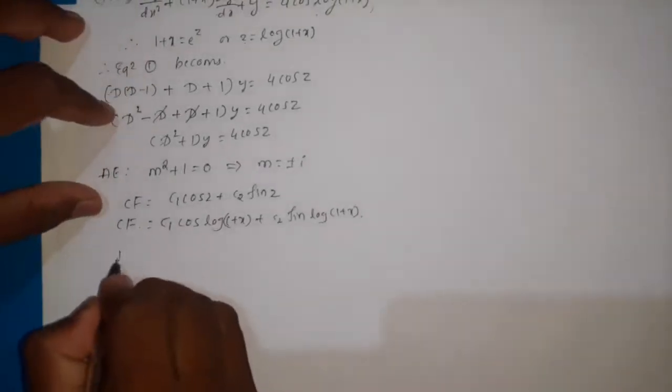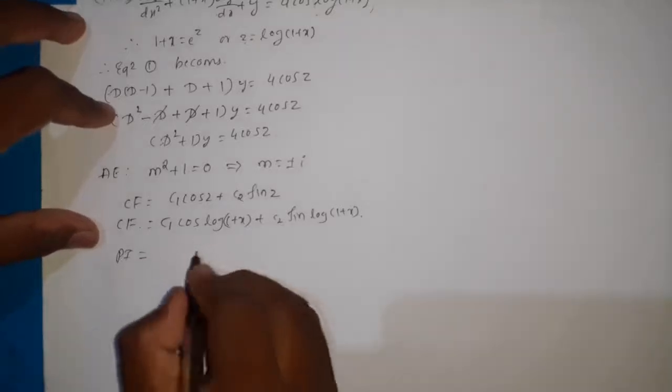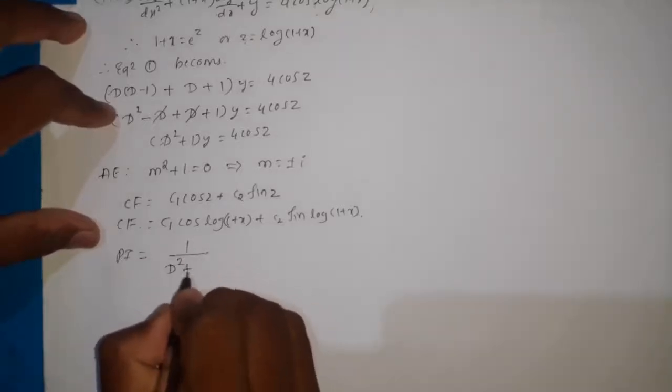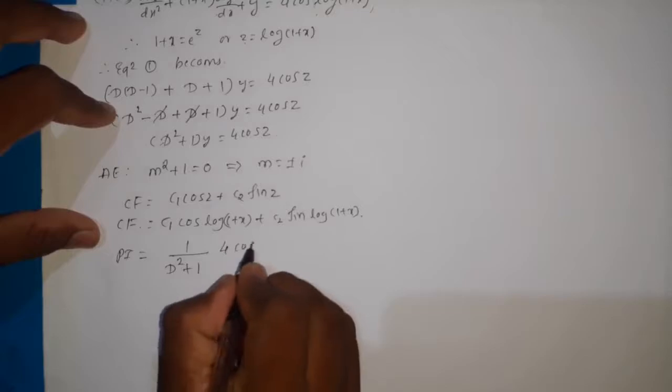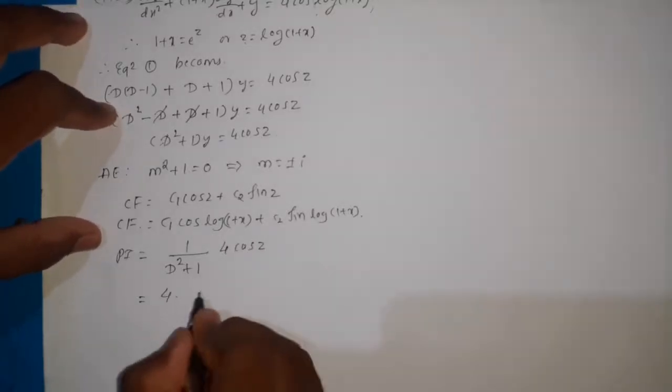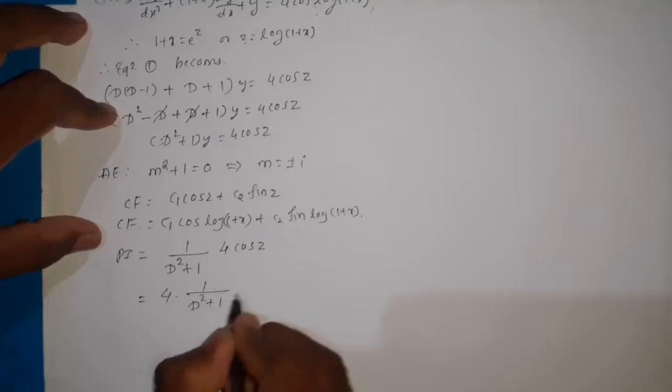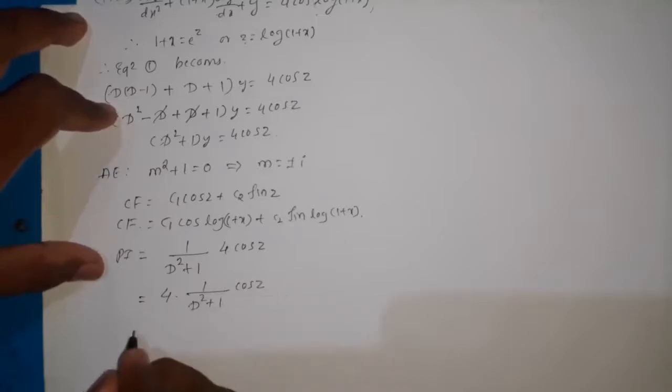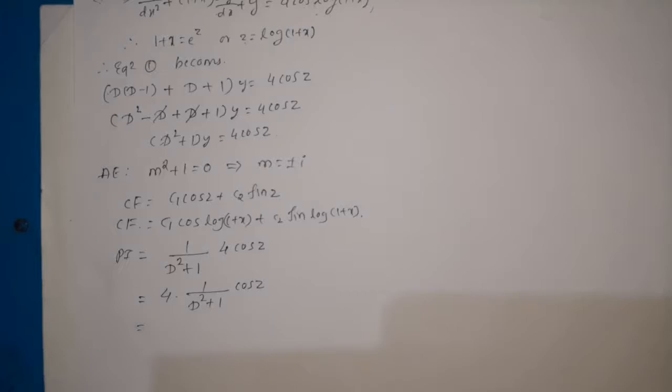And then let us go for the particular integral, that is 1 by f of d, (d square plus 1) 4 cos z, then it is equal to 4 into 1 by (d square plus 1) cos z. So here d square equal to what? Minus 1.